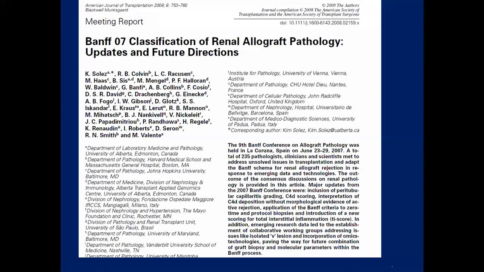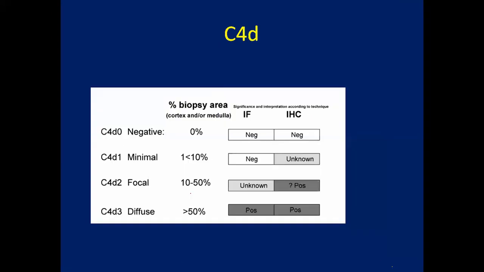In the 2007 classification system, there were further updates on antibody-mediated rejection. The scoring of C4d was done in 2007, in which they scored C4d as C4d0 if the staining was not there in peritubular capillaries.